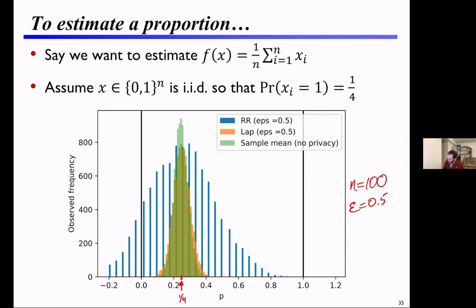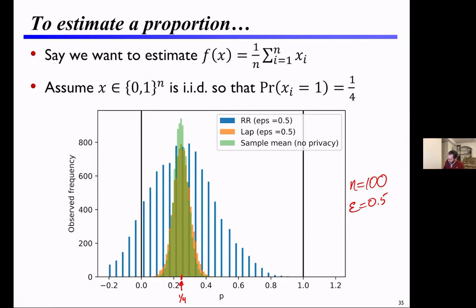And then the blue distribution is what you get out of randomized response. It's kind of the discretization, the fact that the bars have spaces between them, that's due to the fact that there are only 100 possible different estimates you can produce using randomized response. And so you don't get a smooth distribution, you get these spaces.